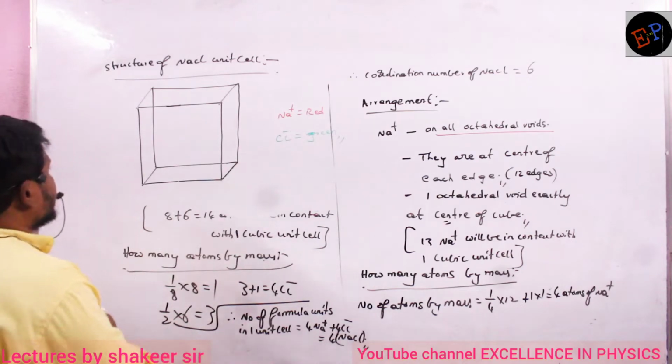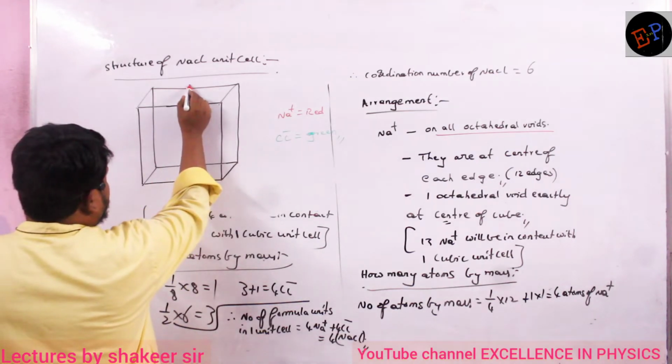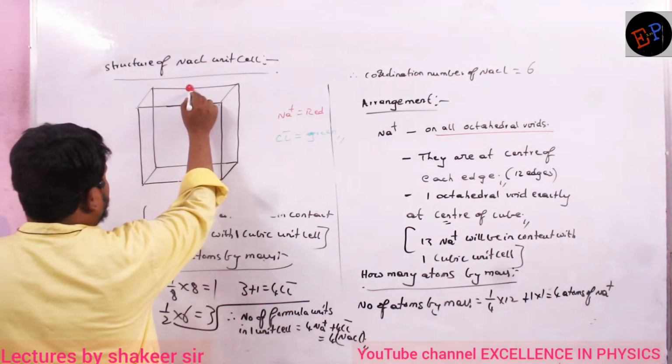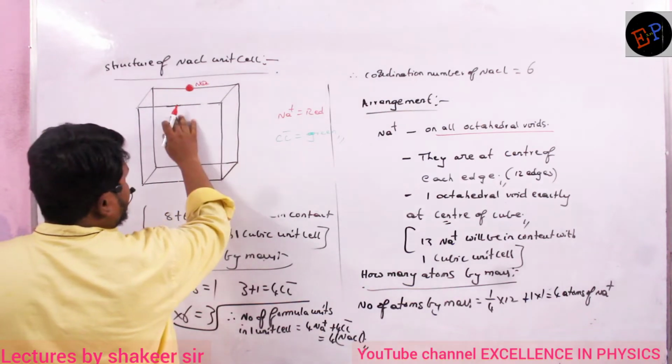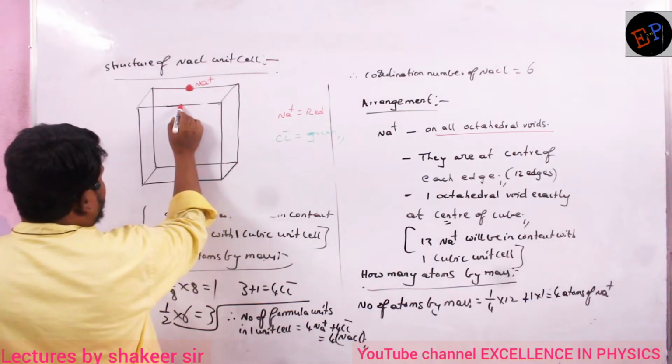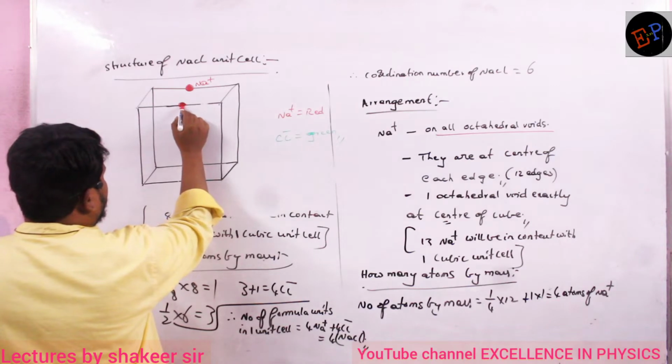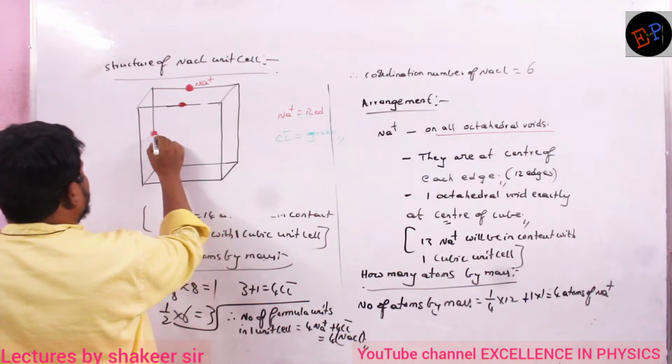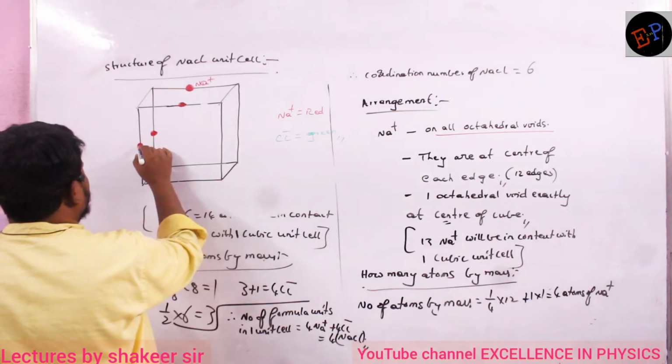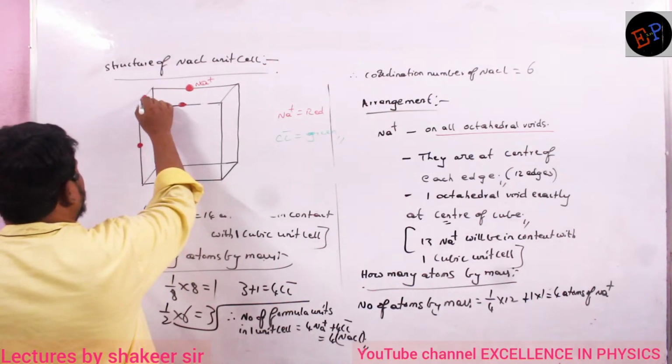Understood? So this is Na plus. Clear? And here also there is one Na plus, and this is one Na plus. So totally how many edges? 12 edges. So 12 Na plus will be present.